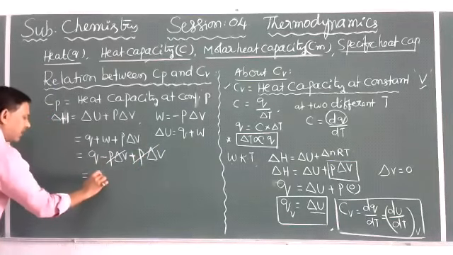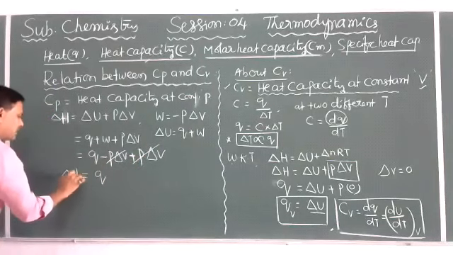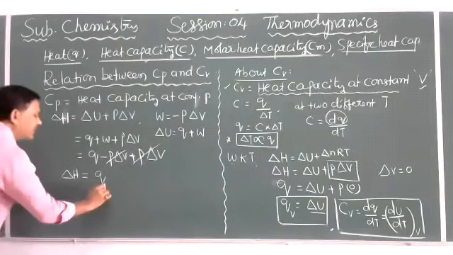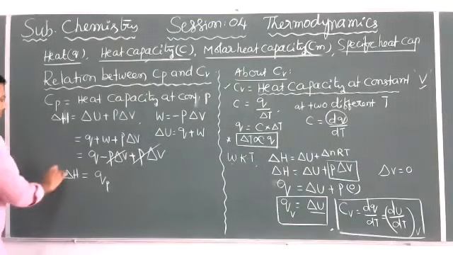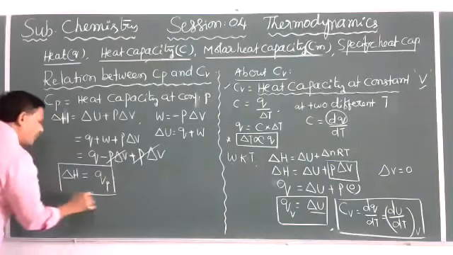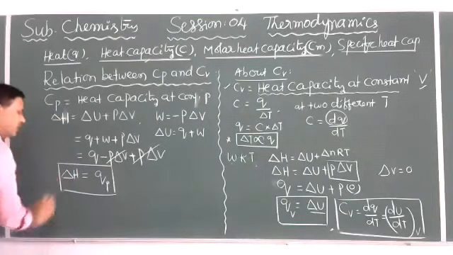Then we'll get Q, that is delta H, at constant pressure P. Now instead of Qp we can take delta H.